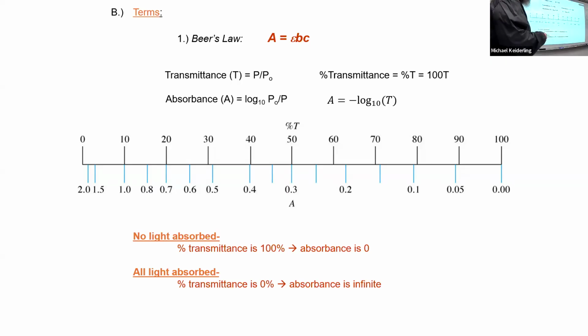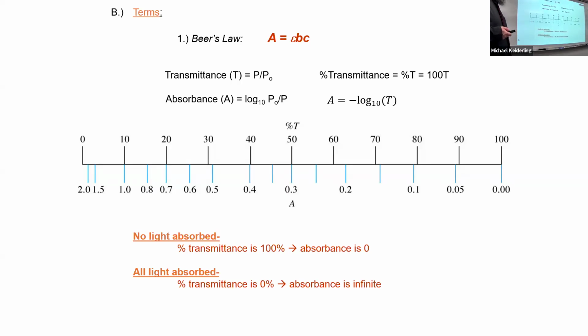And absorbance is log base 10 of P0 over P, so minus log base 10 of transmittance. And there are questions about converting absorbance to transmittance and vice versa. So if no light is absorbed, transmittance is 100%, absorbance is 0. If all light is absorbed, transmittance is 0%, and absorbance is infinite.